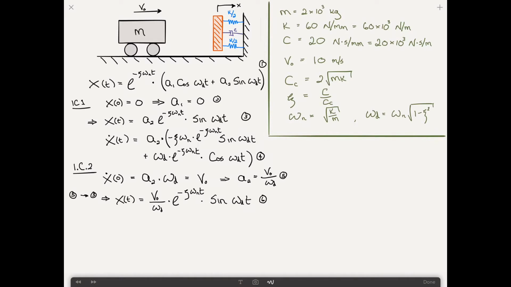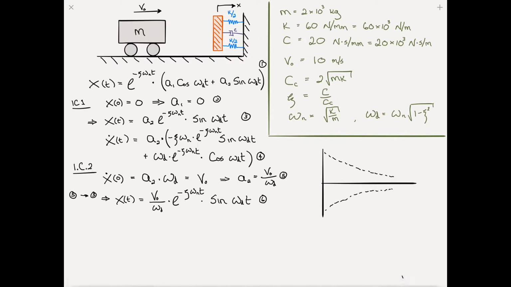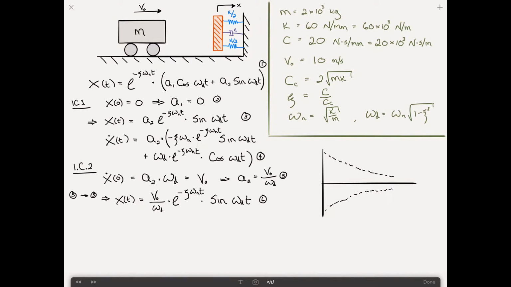Right, well, let's have a look at this quickly. Let me just draw it out over here and see what's going on. So we've got harmonic motion from the sine term, but we've got a decaying exponential here. And so we end up with something, let's see if I can draw it accurately enough. So we've got some sort of an exponential decay like this. And then, let me draw this in red.